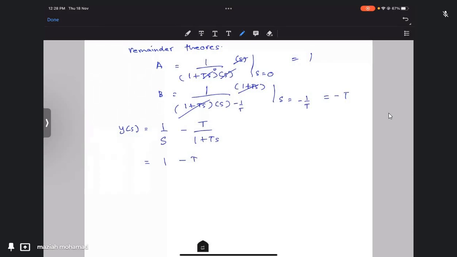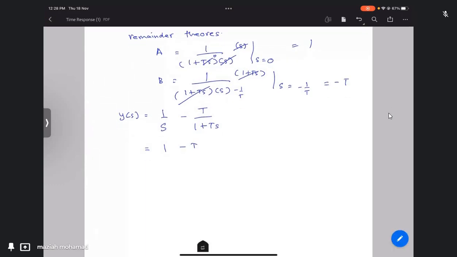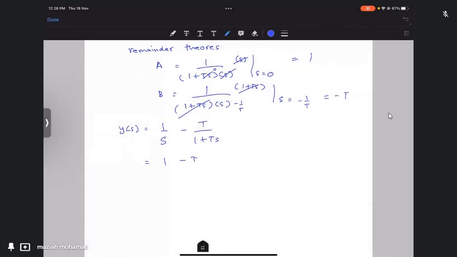Okay, so here you get 1/T exponent negative t over T, where T is the time constant, multiplied with T. So this one is cancelled.